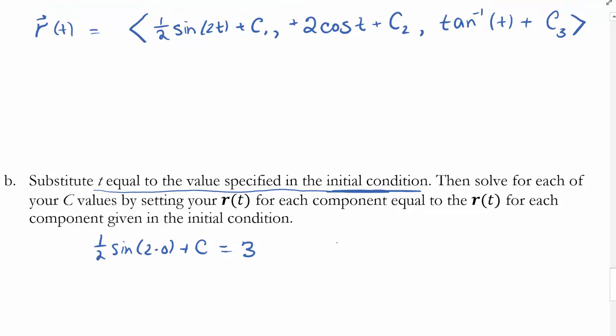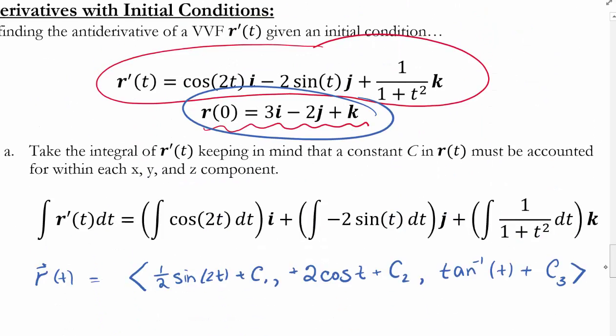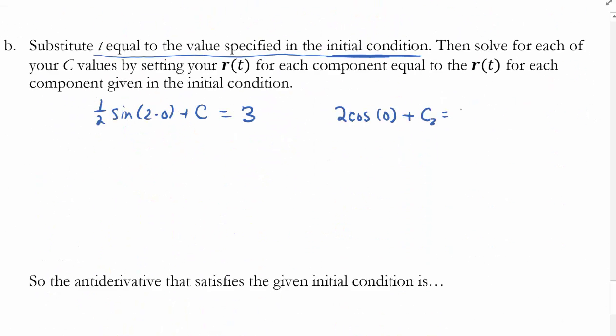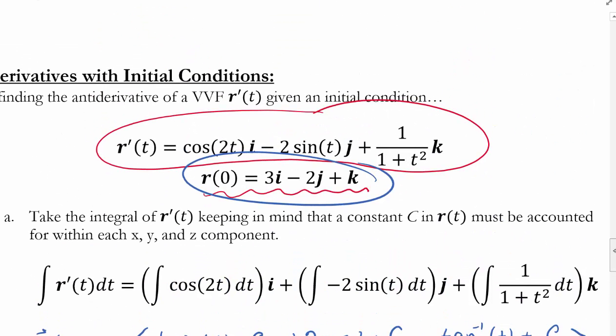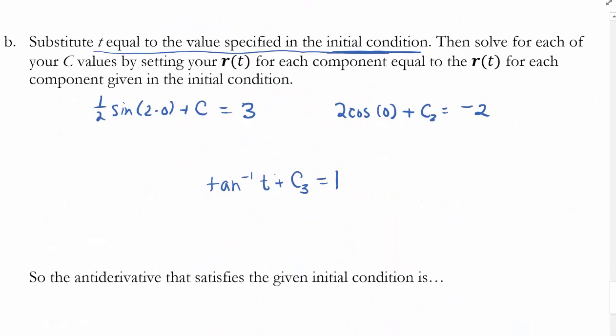And then I need 2 cosine of 0 plus c2 to equal my second component, -2. And I need inverse tan of 0 plus c3 to equal the last component, which was 1. And I need that to happen at t equals 0.